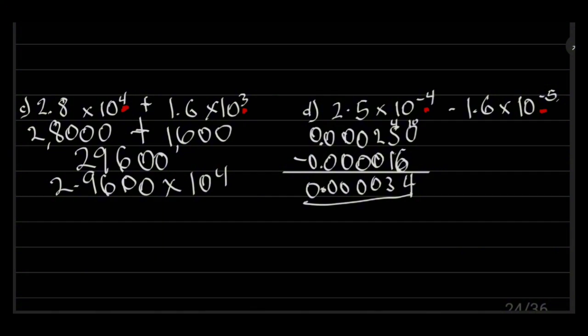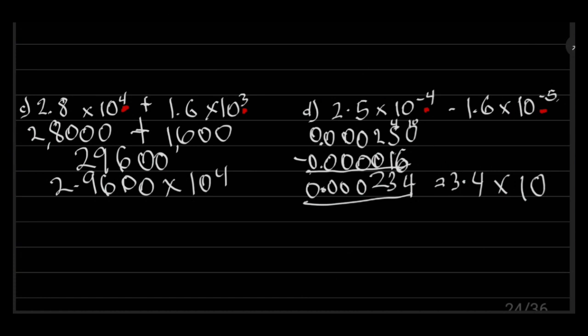Now writing this in standard form would be equal to 3.4, our first significant number, times 10 raised to the power, how many zeros? 1, 2, 3, 4, 5. I think I made a mistake here. There was supposed to be a 2 here, and then a 3 here.